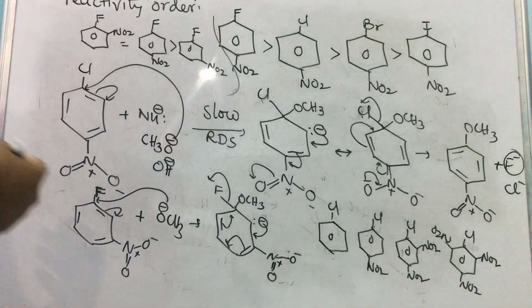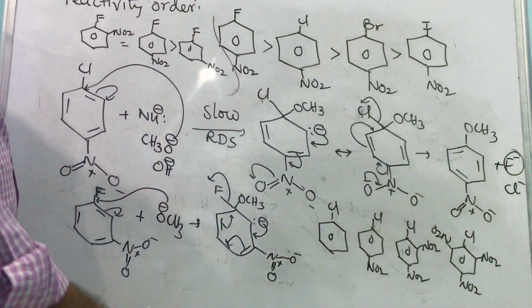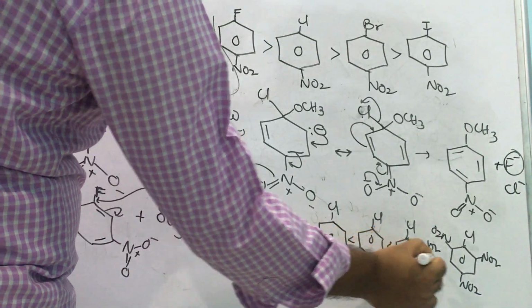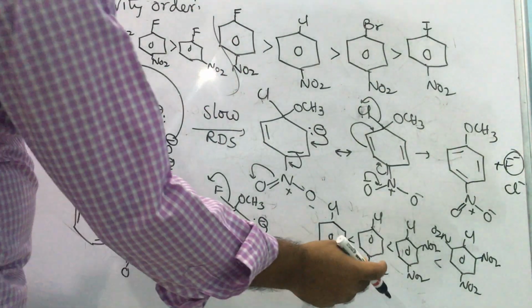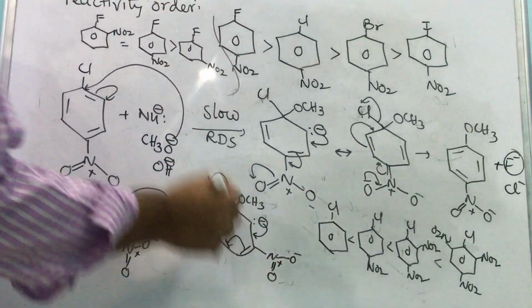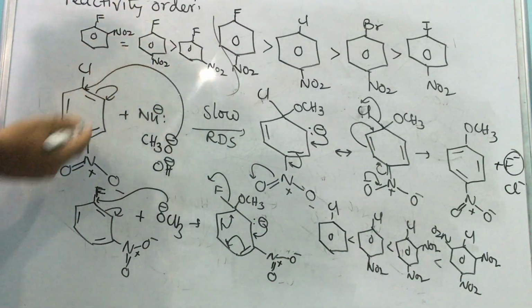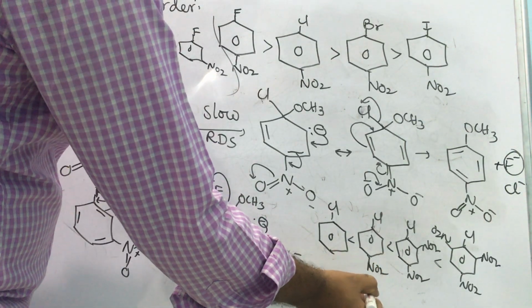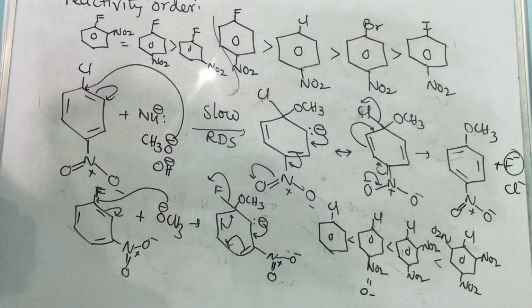If you compare, all have the same chlorine atom, but as the NO2 groups increase, reactivity increases. Now one more question. If NO2 is present at this ortho position, I already told you that ortho or para position both have the same reactivity. So these are equal with the ortho position NO2 also.